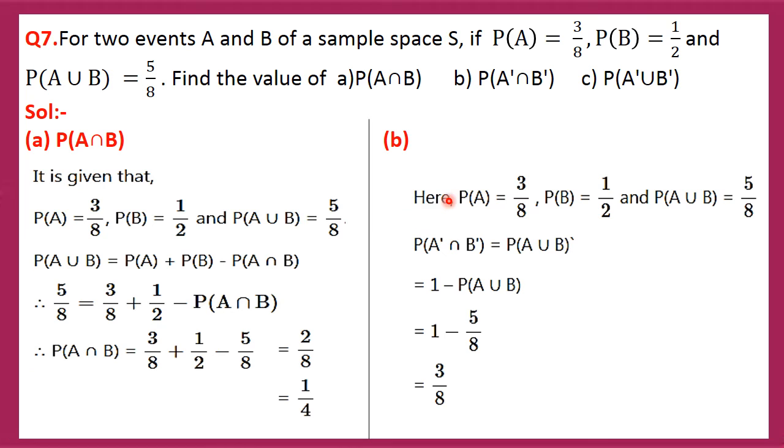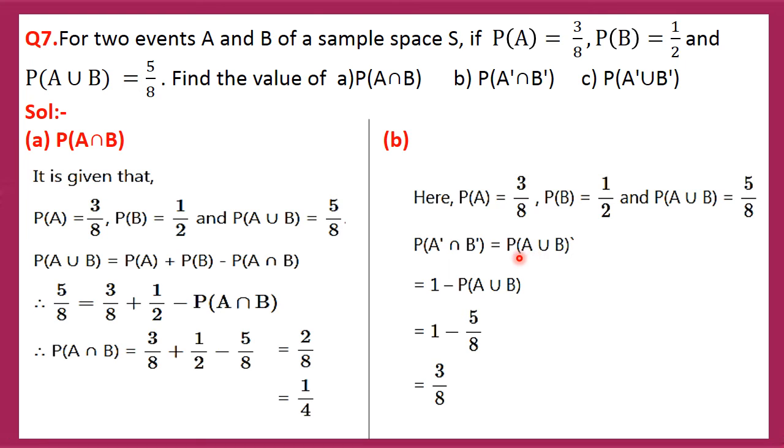Second one, all these probabilities are used to find P of A complement intersection B complement, and we have P of A complement intersection B complement is same as P of A union B the whole complement. Complement of a set you have already learned in the sets and relations lesson.